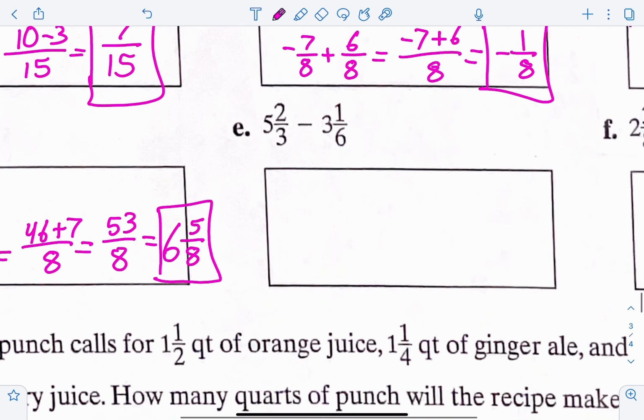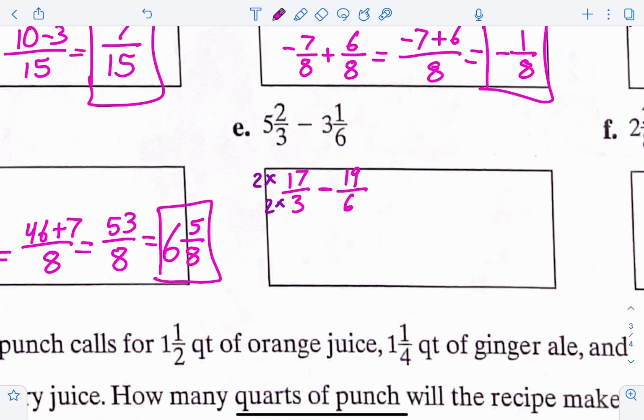All right, so 5 2/3. So we have 3 times 5, which is 15, plus 2 is 17. So this is 17 over 3 minus, and we had 6 times 3, which is 18, plus 1, which is 19 over 6. We could make them both be over 6 if we just did times 2 times 2.